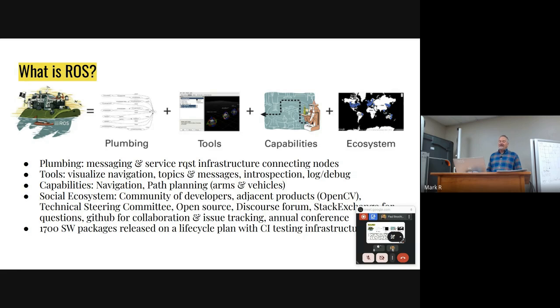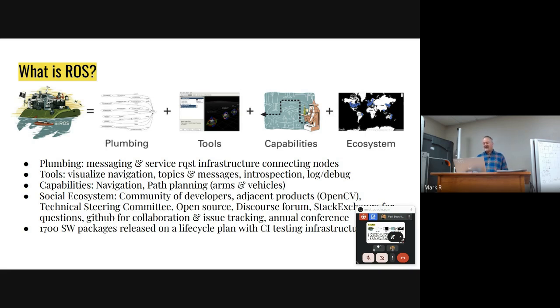But importantly, you shouldn't forget that ROS is a social ecosystem. So it's a community of developers as well as adjacent products like OpenCV that's well integrated with ROS. It has a technical steering committee. It's an open source project. There's a discourse forum.